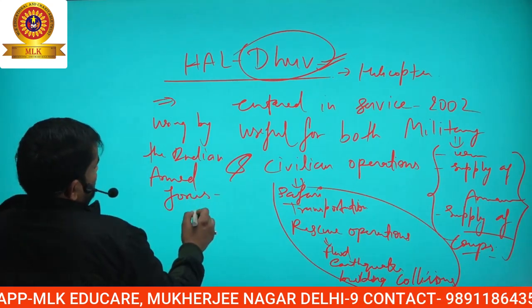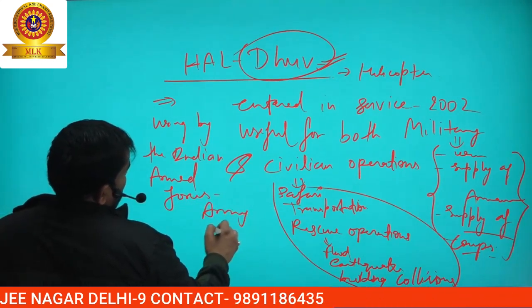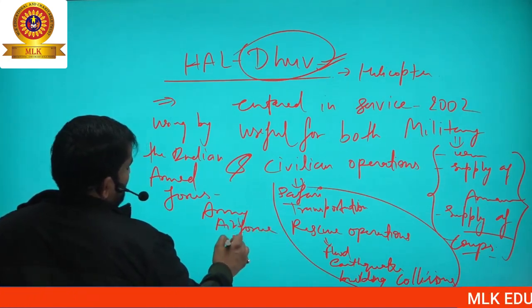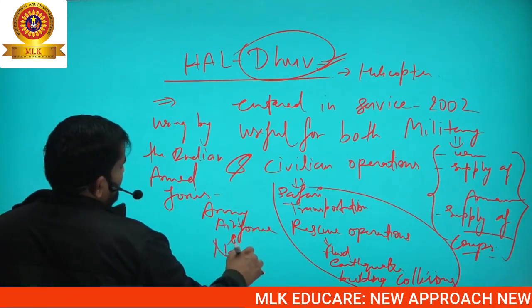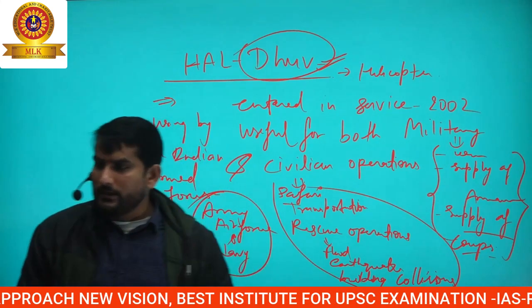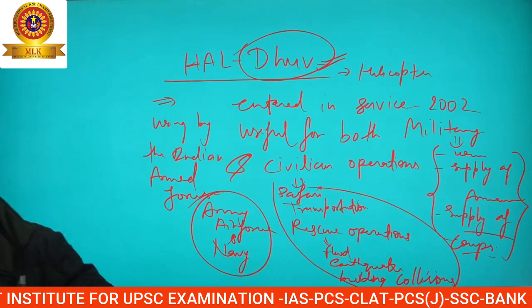That means Army, Air Force, and Navy. That means all versions of HAL Dhruv are available.